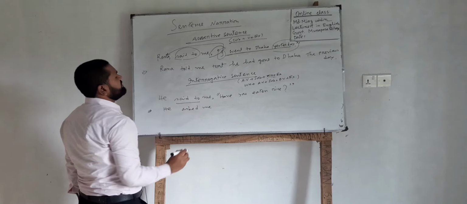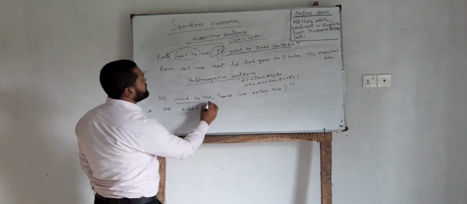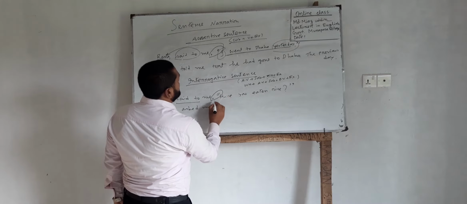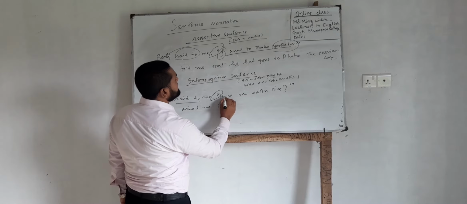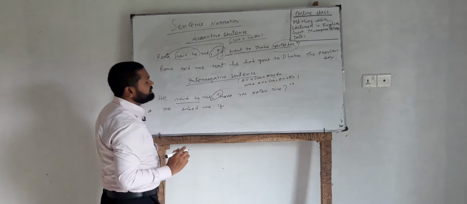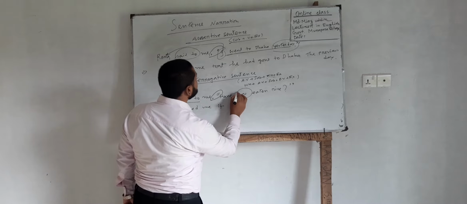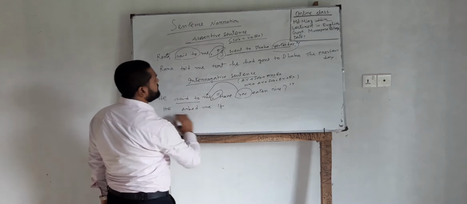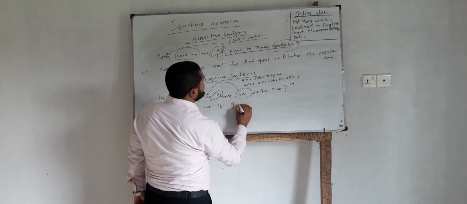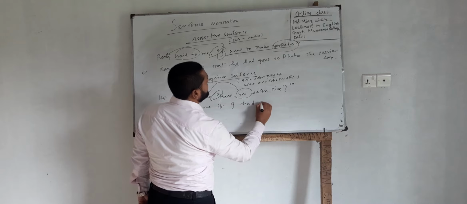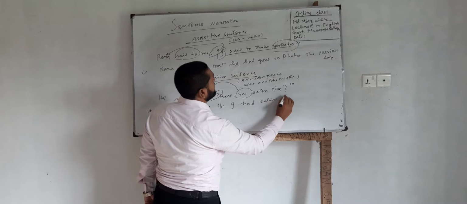Instead of said, we use asked: asked me. Instead of comma and inverted comma, we use if, because this sentence is a yes-no question. Then the second person is changed into the object me. I have changed into had eaten rice.